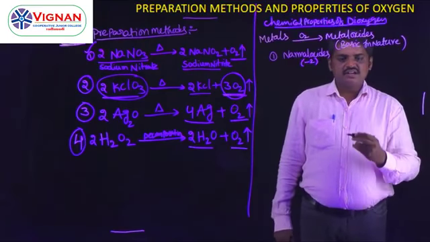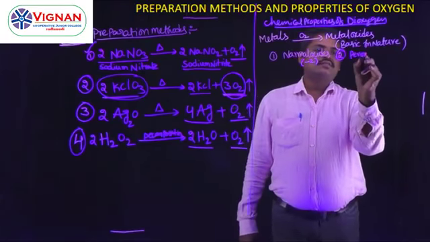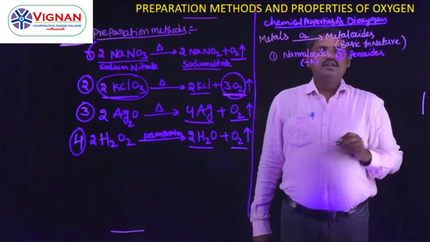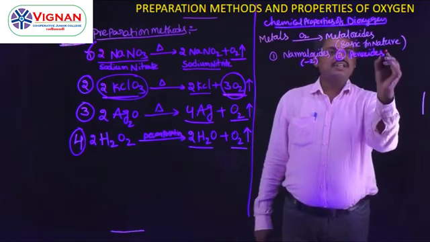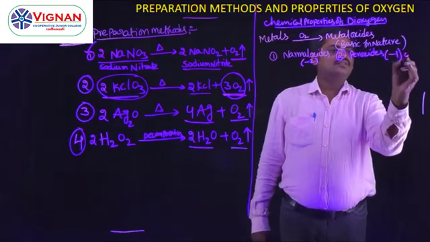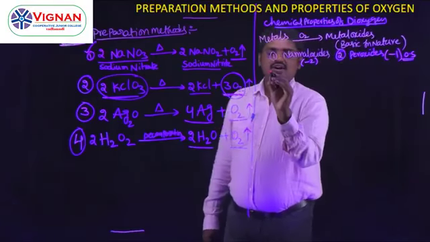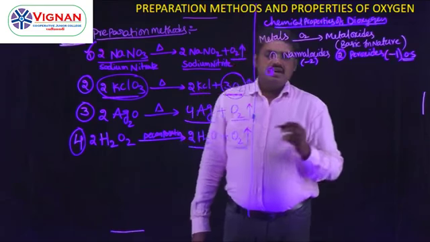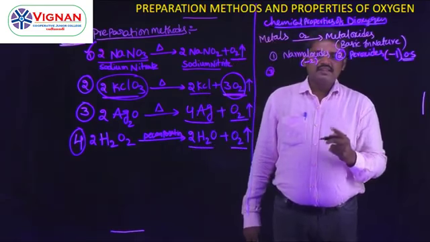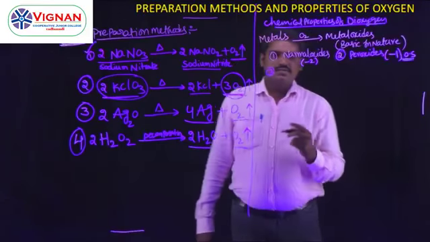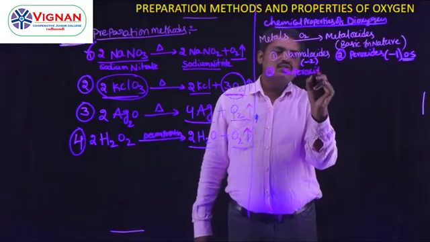On moving down the group, alkali metals like sodium and potassium, these are also metals, react with oxygen to produce peroxides. In these peroxides, each oxygen's oxidation state is -1. And the third one, alkali metals further down the group, like cesium, react with excess oxygen to produce superoxides.